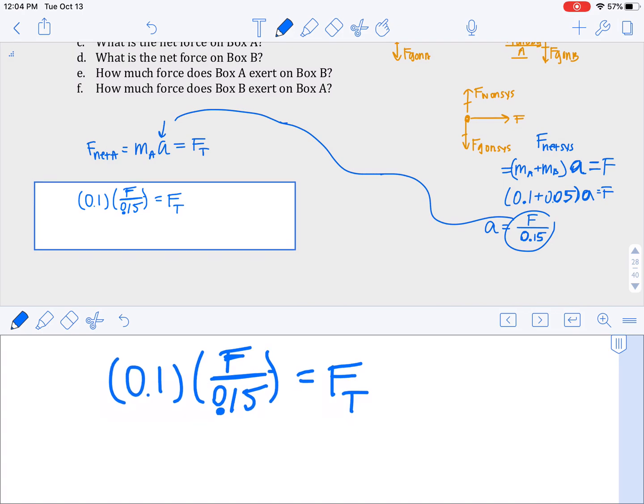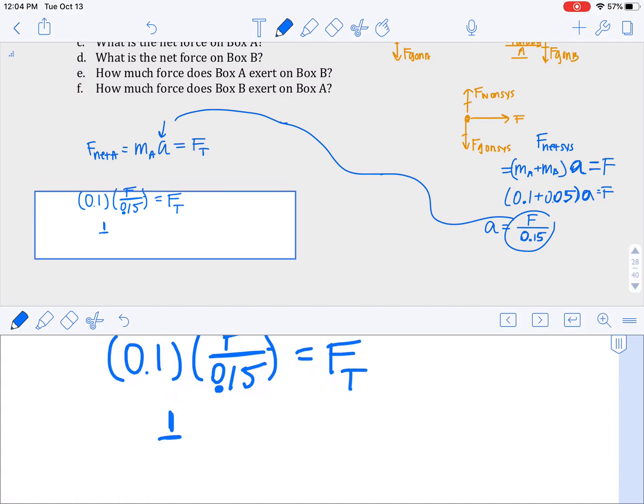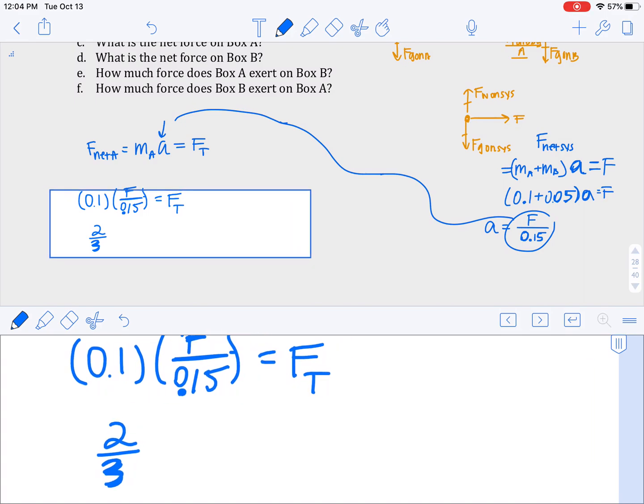So 0.1 divided by 0.15 is, or sorry, 2/3. 0.1 is 2/3 of 0.15.